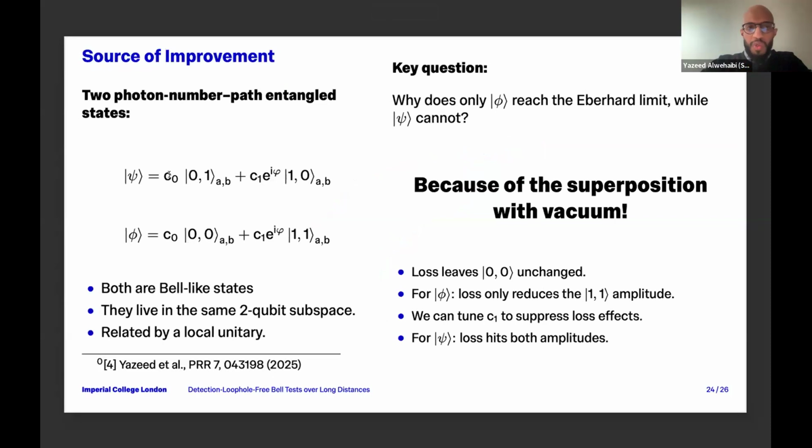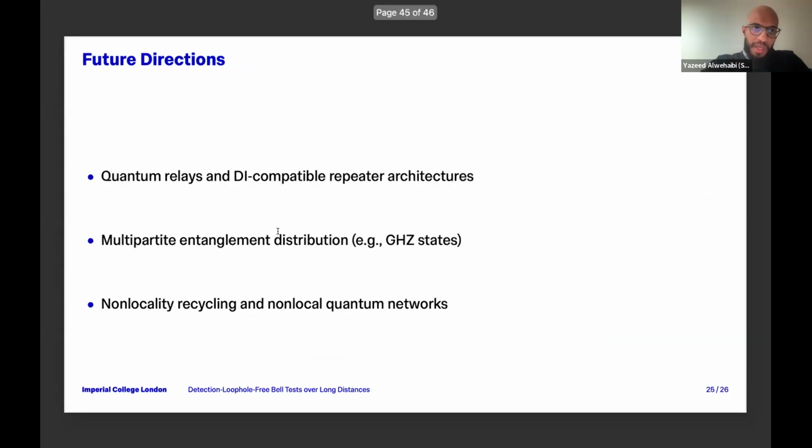There is the possibility of one photon in each component, in each amplitude, and then the loss will affect both amplitudes, so you cannot actually mitigate the loss. While for our state, you cannot attenuate vacuum. Vacuum is loss robust. So the loss will only affect the one term, and by tuning the C1, you can minimize the effect of the loss, and you can make your state more loss robust.